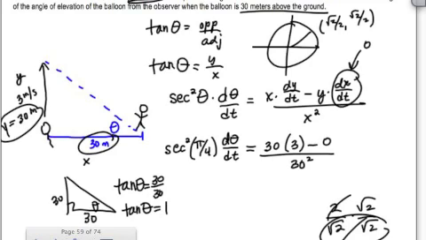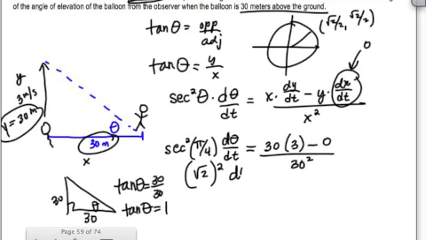When you guys first learned square root of 2 over 2, it was really 1 over the square root of 2. That's how you first learned it. But we don't like square roots in the denominator, so it's root 2. So I have root 2 squared, so 2, equals 90 over 30 squared, so 900. That's 1/10.